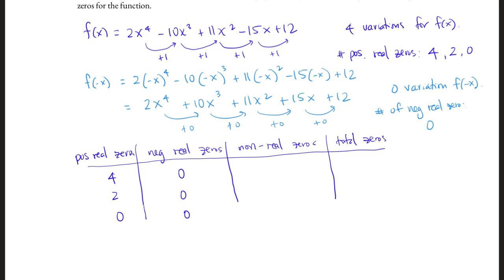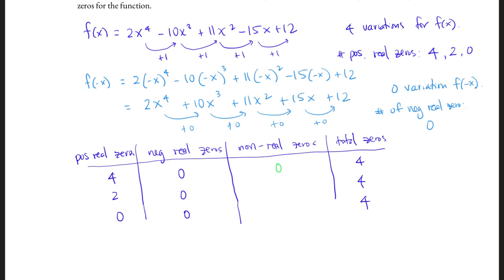This is a function with degree 4, and so we would have up to 4 total zeros. It can be less or 4. If there are 4 positive real zeros and 0 negative real zeros, then there should be 0 non-real zeros.